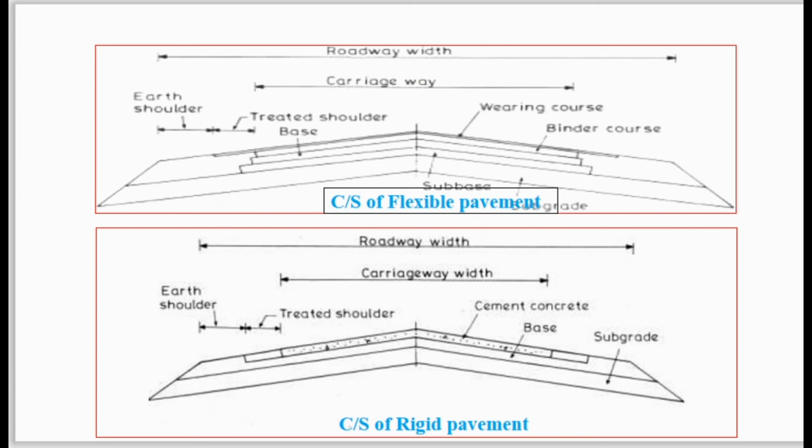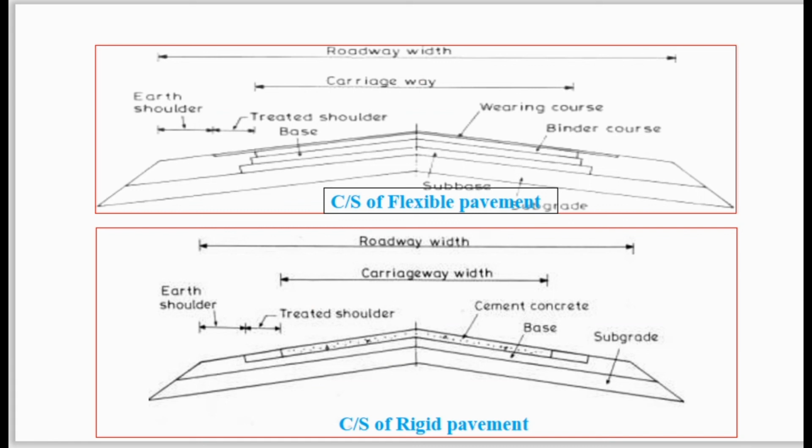If you observe here, along the roadway width, the flexible pavement includes the shoulders, earthen shoulders, then the treated shoulders, then the total carriageway, and the various layers which constitute a flexible pavement. Starting from the top are the wearing course, followed by the binder course, then the base course, then the sub base course, and the subgrade. These all form the flexible pavement.